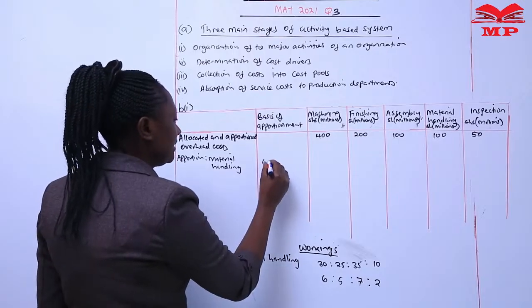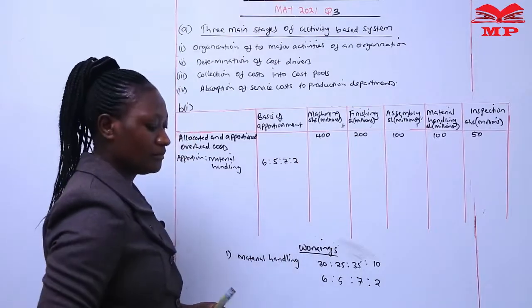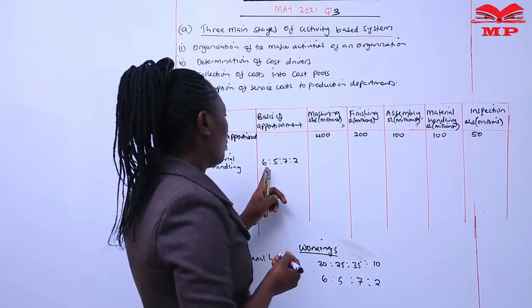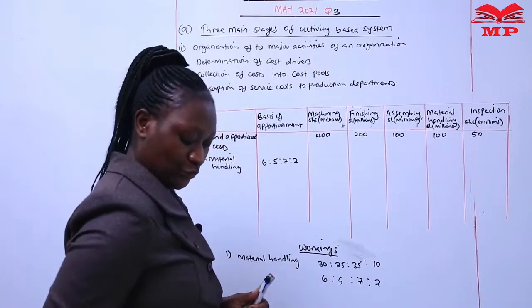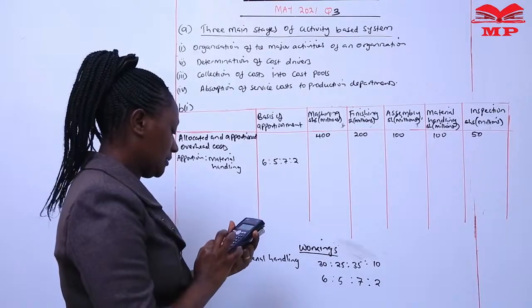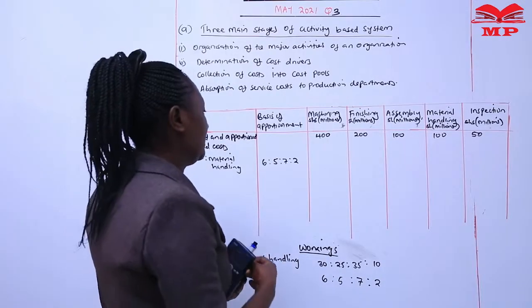So we'll have 6 to 5 to 7 to 2. When we take 6 plus 5 plus 7 plus 2, it will give us a total of 20.